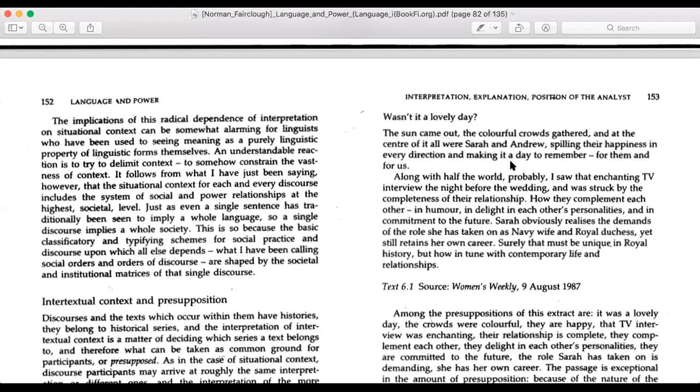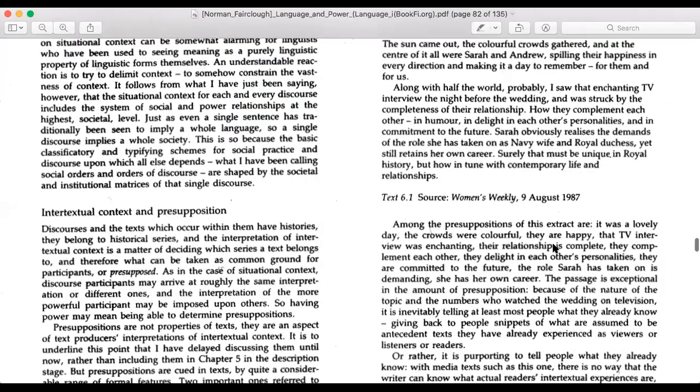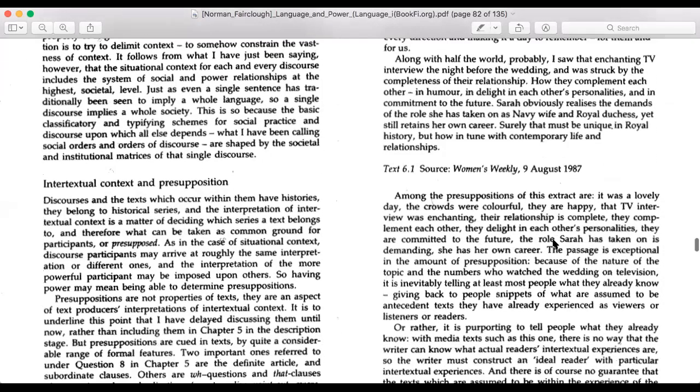The royal duties are completely different, and the bride Sarah must know all about it. We can presuppose that the duties of a royal are tough, and she has to be committed to the duties, and also she will continue her career. Fine.